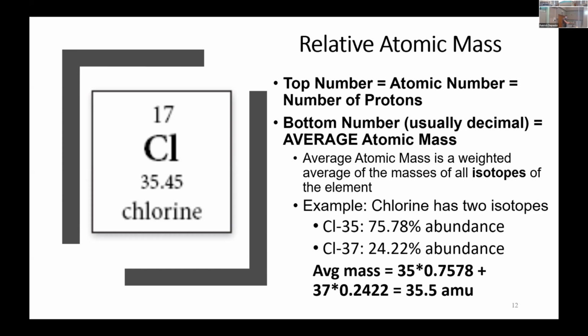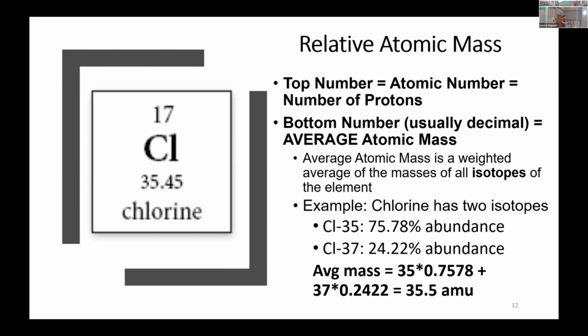So for chlorine, for example, there are two main isotopes. There's chlorine 35, which has a mass of 35, and chlorine 37, which has a mass of 37. One of you is probably thinking, what happened to chlorine 36? Well, that's a good question, but it just so happens, energetically, chlorine likes to have, how many neutrons in the 37 one?